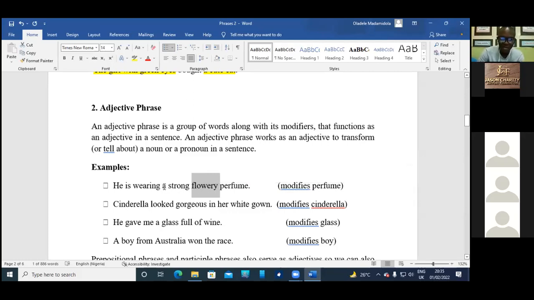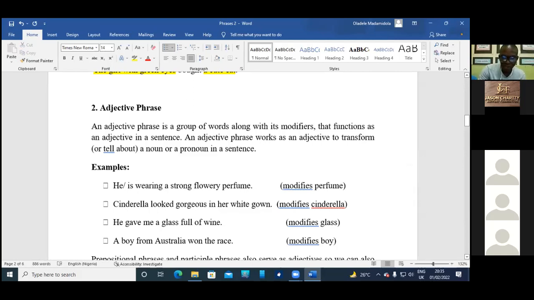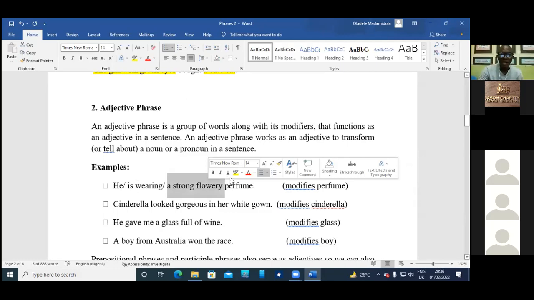He is the subject. You have is wearing, the verb. A strong, flowery perfume. So a strong, flowery here will be what? The adjective phrase that is modifying what? Perfume. Is that okay?